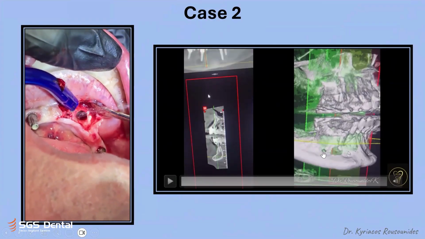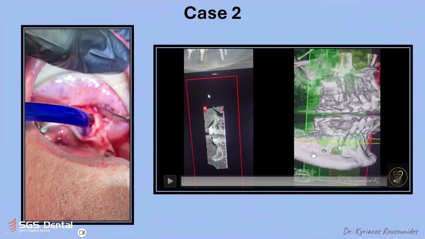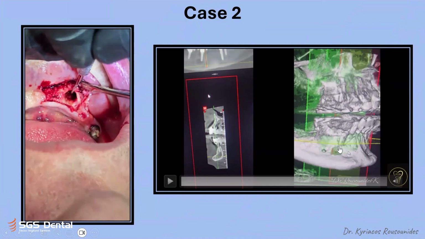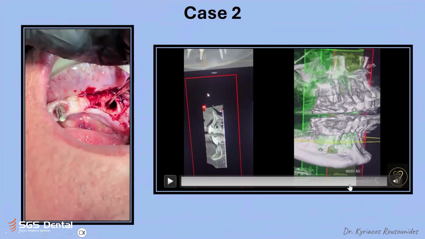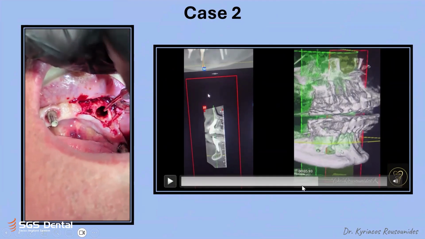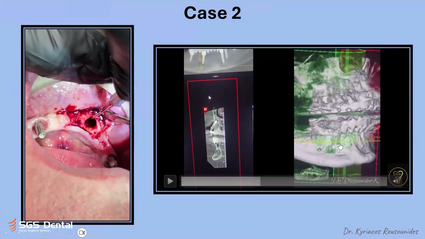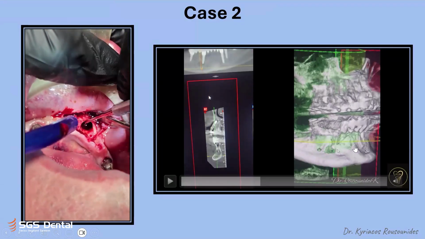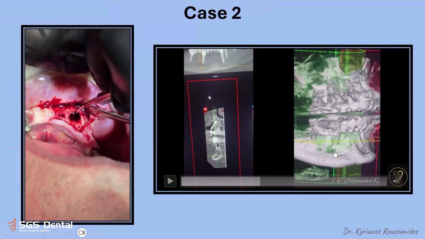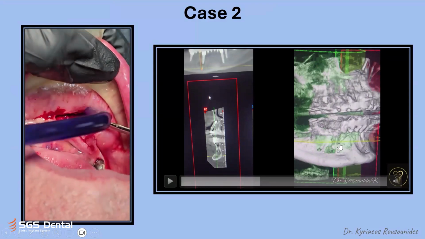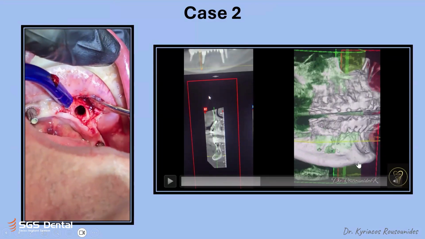We have the mental nerve here, so we cannot insert anything in the back area. So we need to use the frontal area, like these parts that anatomically have nothing to be aware of, and there is also enough bone.